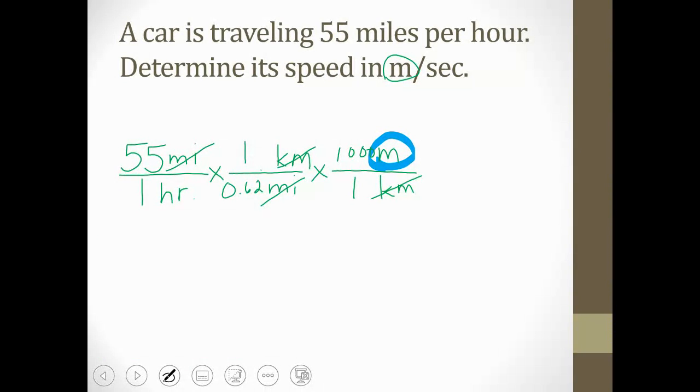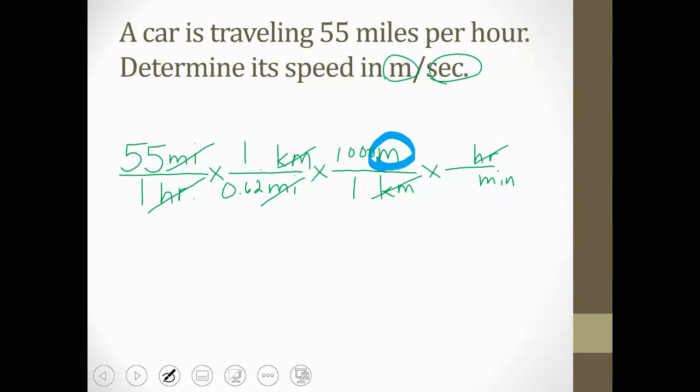But right now, if I divided by 0.62 and multiplied by 1,000, I have meters per hour, and I want meters per second. So I have to convert my hours into seconds. Now this time, when I convert from hours to minutes and then minutes to seconds, I have to put the hours on the top, because here hours is on the bottom.